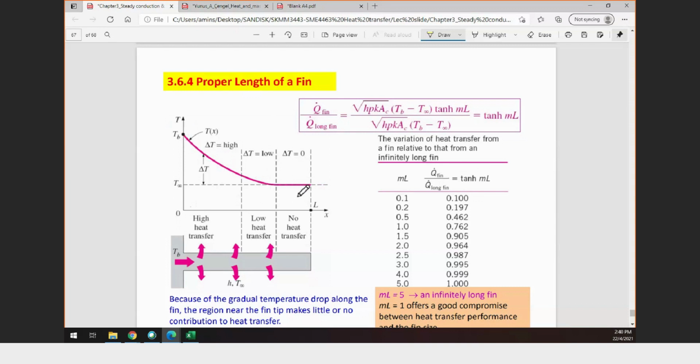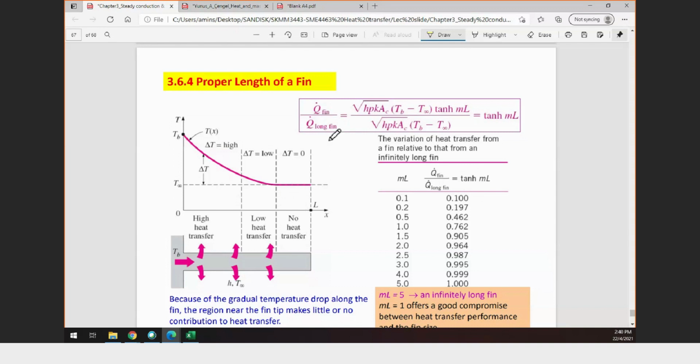Of course, we don't want to waste the component at which there is no more heat transfer. So we need to find the maximum value of fin length in order to sufficiently release the heat.